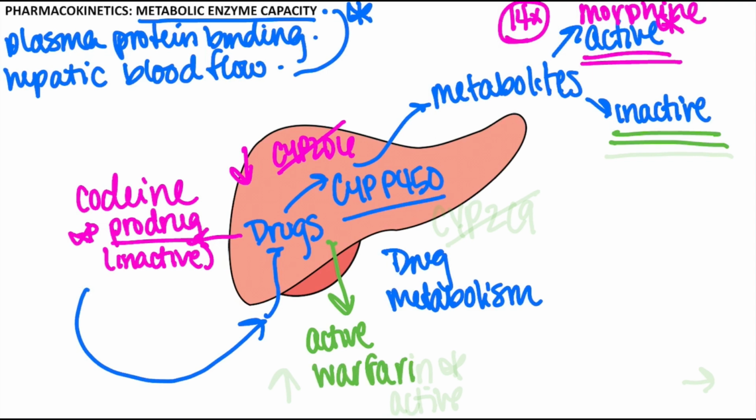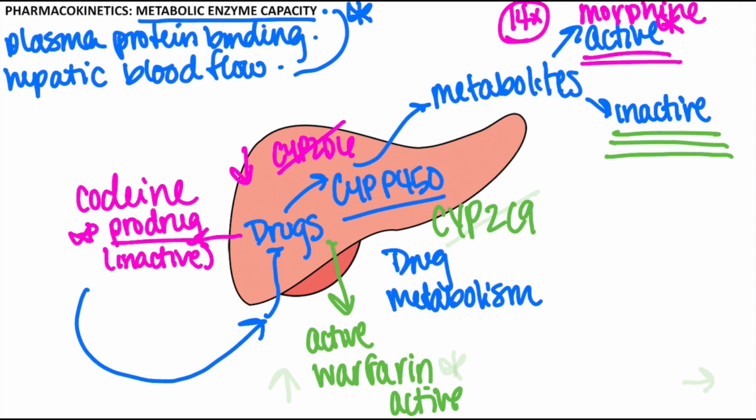So warfarin is administered as an active drug, but after metabolism via CYP2C9, it is converted to a hydroxylated inactive metabolite to stop any further anticoagulant effects and be excreted from the body.